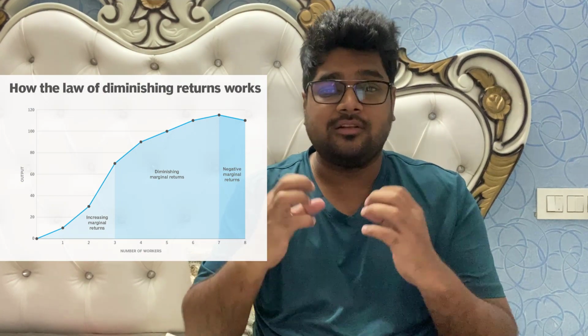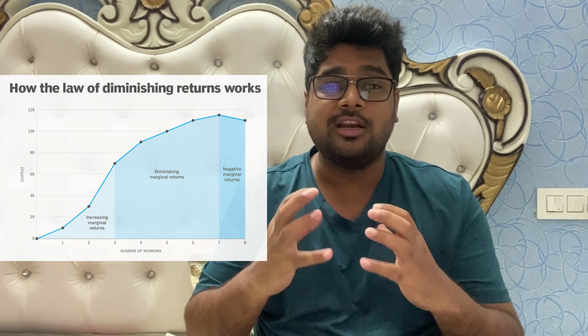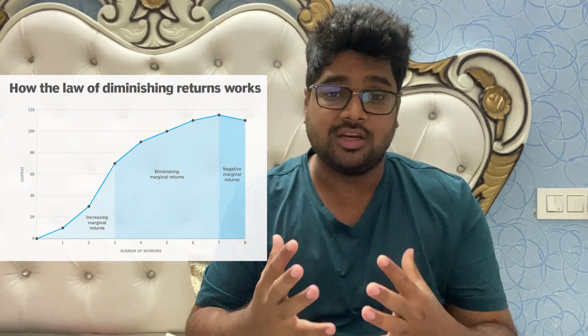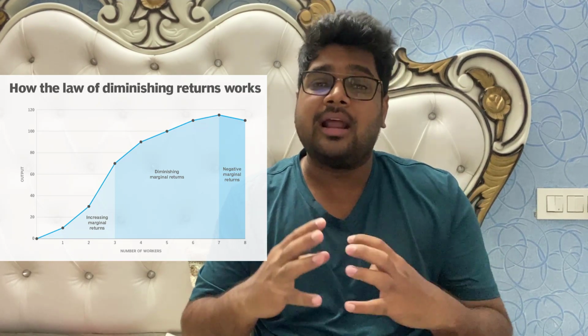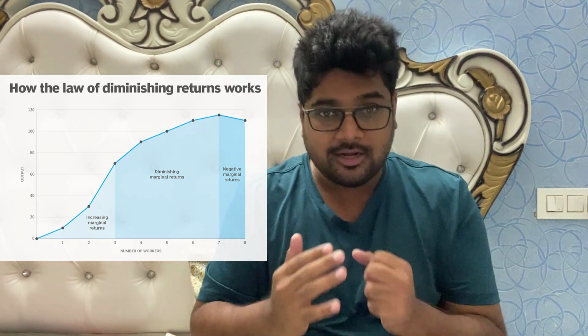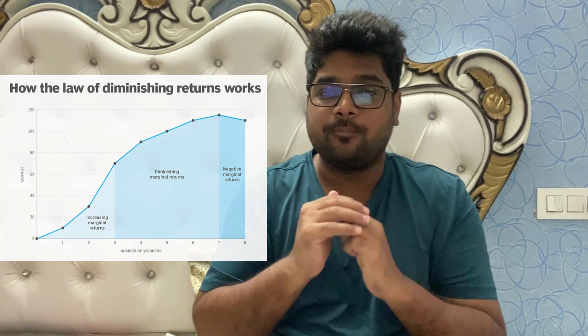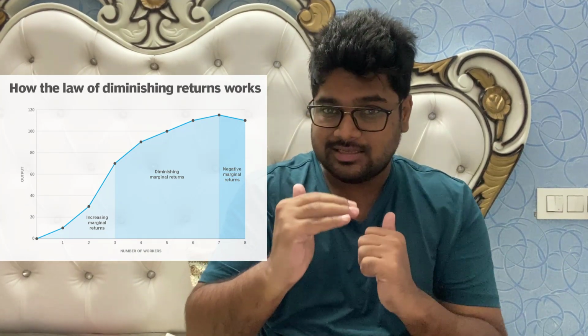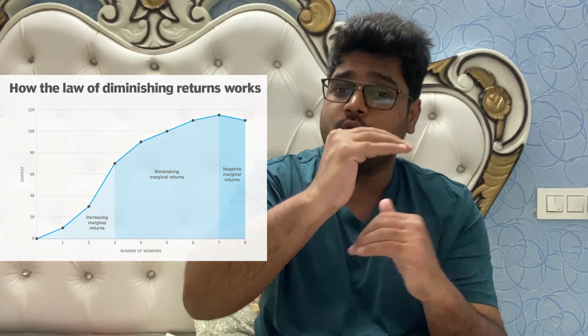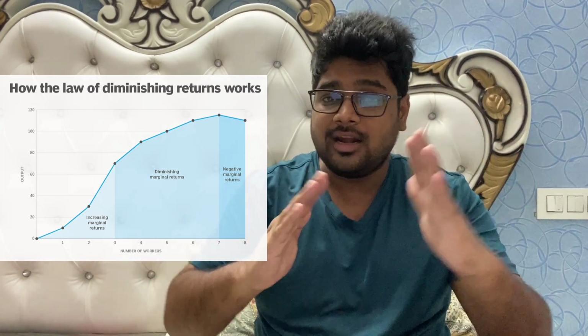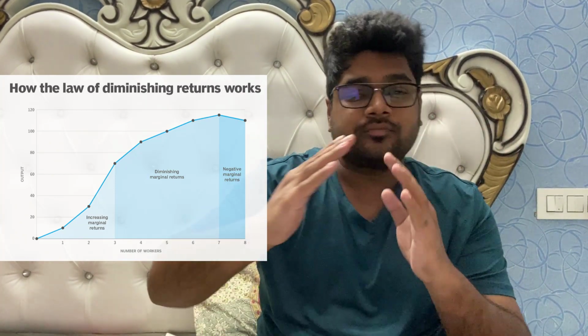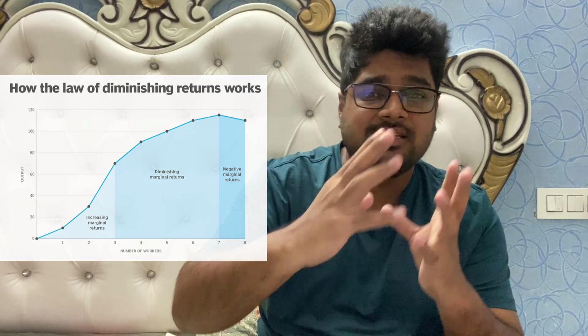Later, you realize that, oh, this is a loss-making thing. This is reducing my manufacturing capacity overall, and I should increase the number of workers, right? So slowly and gradually, let's say from 5 you go to 6, you go to 7, you go to 8, you go to 9, and finally you go to 10, right? So when you go to 10, you see your work efficiency is increasing day by day.